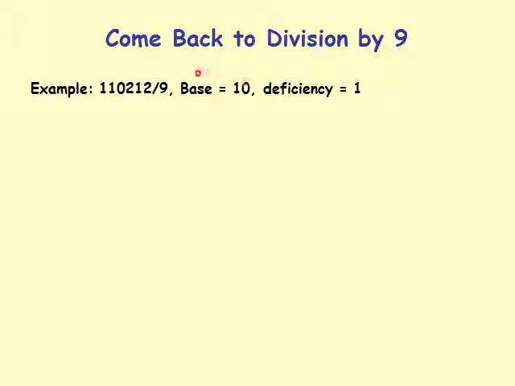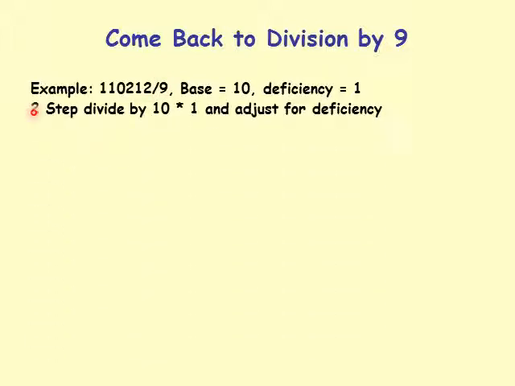Let's come back to division by 9. Let's look at an example here: 110212 divided by 9. We'll use a base number of 10, which is 1 more than 9, and deficiency is 1. We get the deficiency of 1 using the sutra all from 9 and last from 10 on the divisor 9. We've got two-step division, and 10 is equal to 10 times 1.